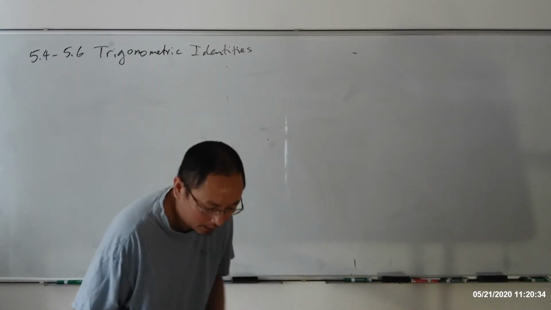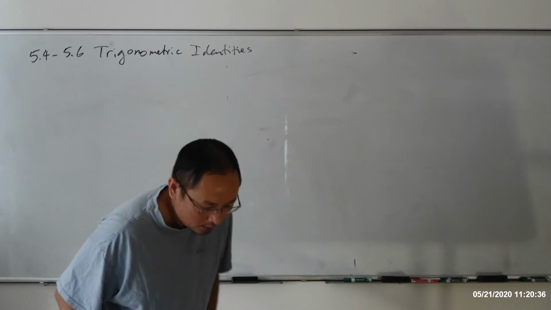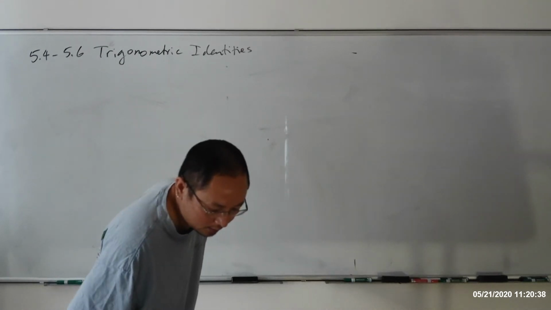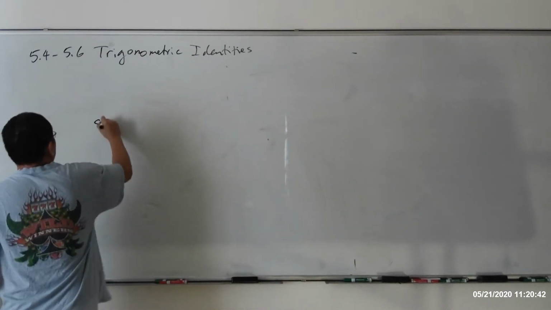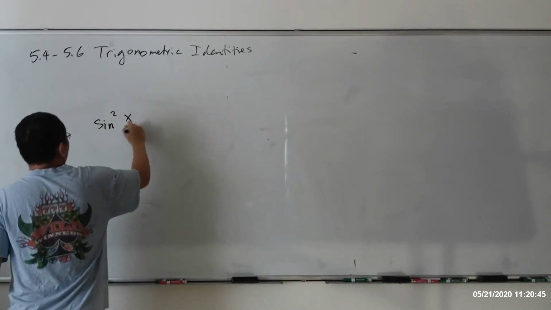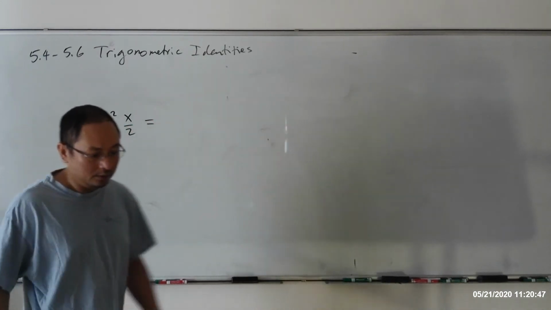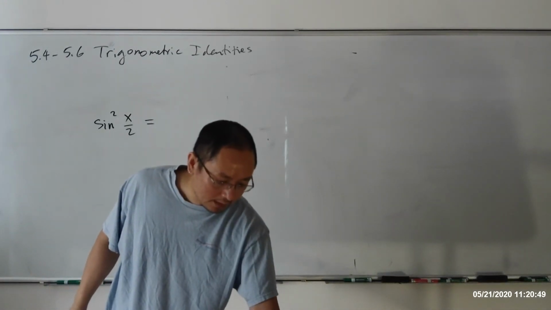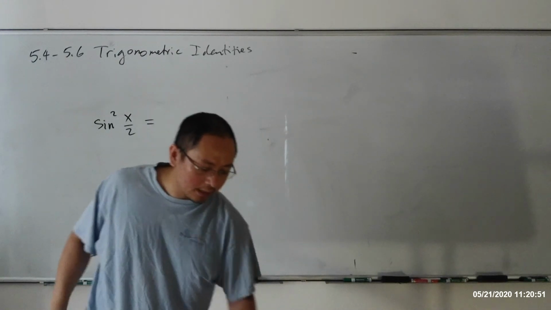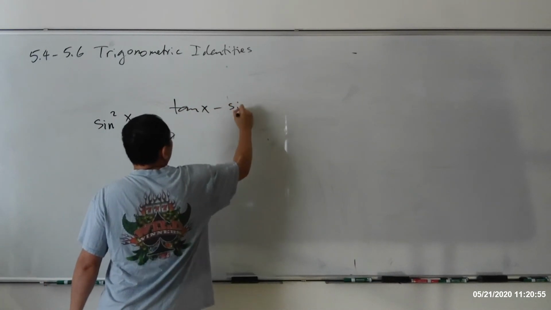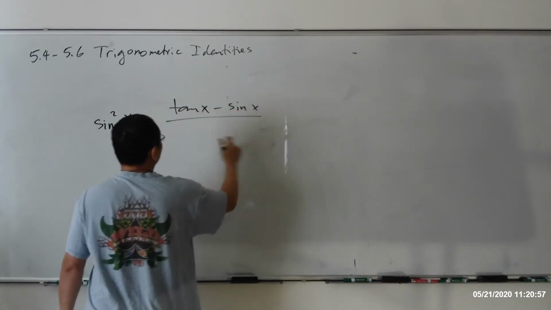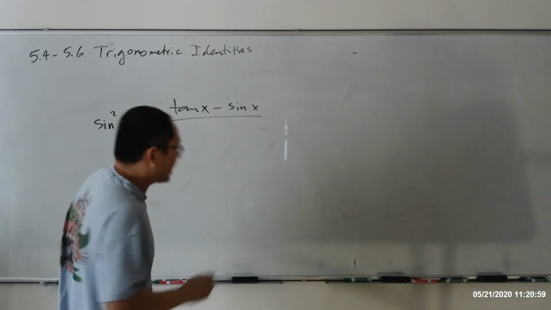Okay, I'm looking at this one. Show that sine squared of x over 2 is equal to (tangent x minus sine x) over (2 tangent x).